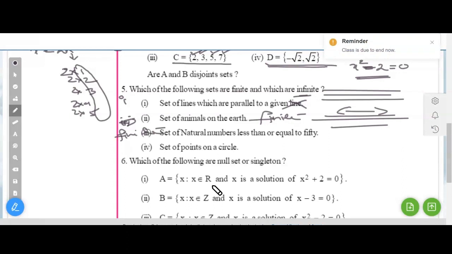Set of points on a circle is again finite because the circle starts and ends. So you have the points countable. But a line never ends. That's why it is known as an infinite set.